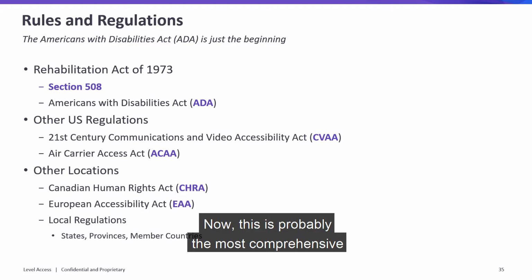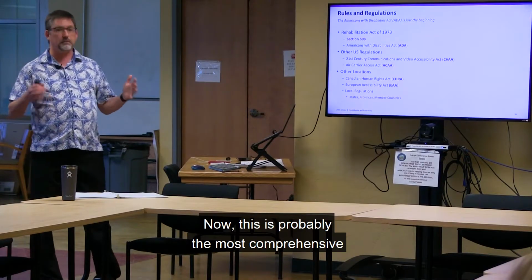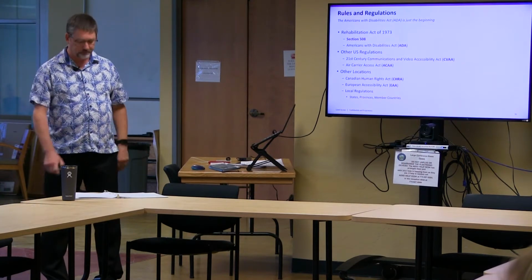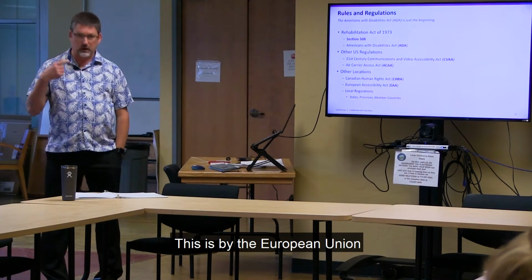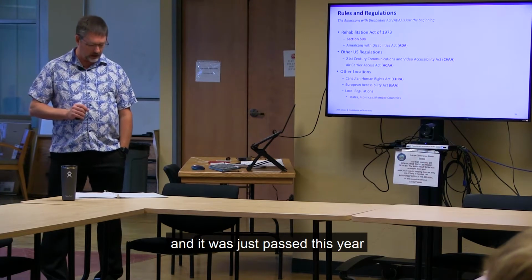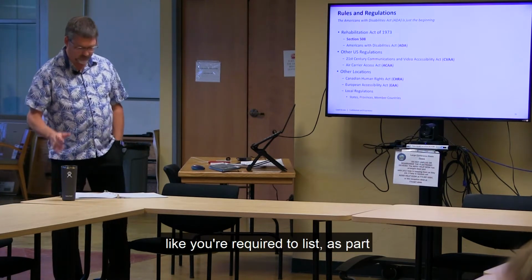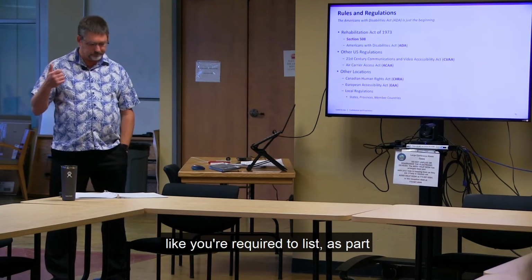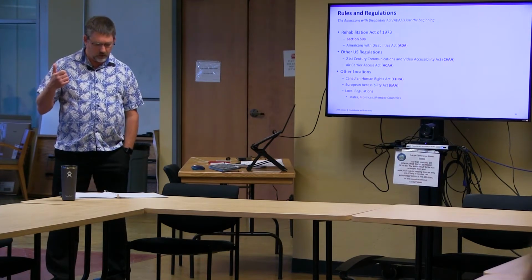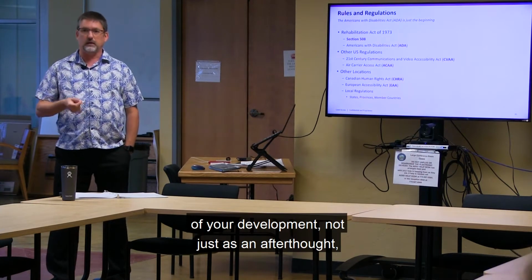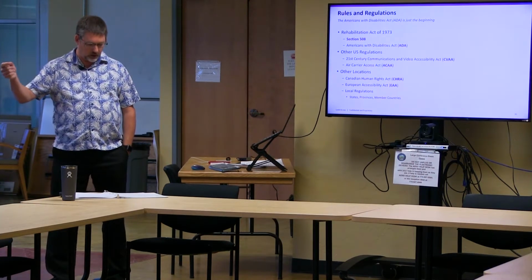Now, this is probably the most comprehensive set of accessibility rules to date. This is by the European Union, and it was just passed this year. And it requires several things, like you're required to do this as part of your development, not just as an afterthought.